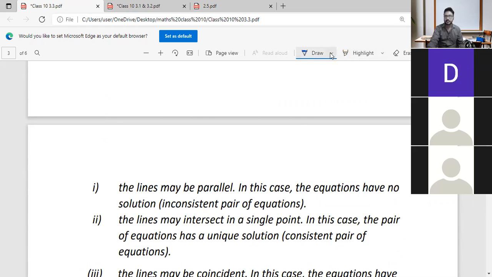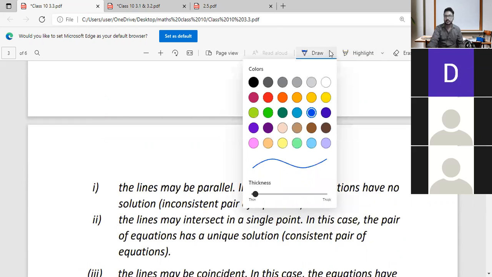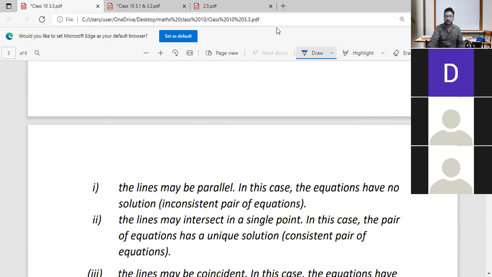I have shown you earlier, and I am showing you again. One line is this, and the other line is this one. These two lines are not intersecting. In other words, they are parallel. In such a case, the equations have no solution, so we say they are inconsistent. Clear? Yes, sir.